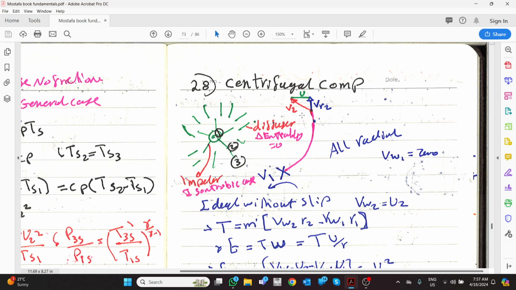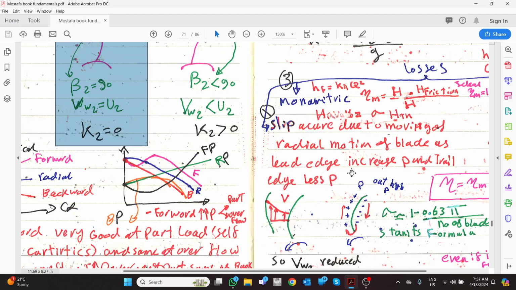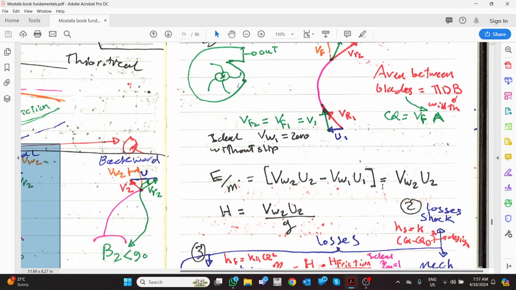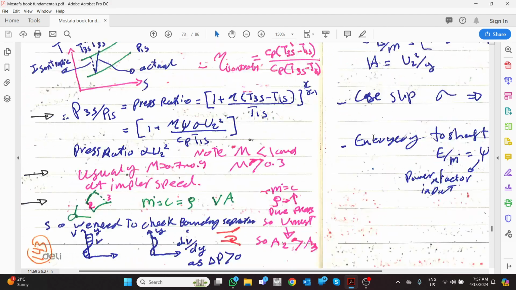From this, we know that the component of V2 in the rotation direction is exactly equal to U. So VW2 equals U2, which we can state directly from what we discussed before. As we know, the energy for the pump is VW2 U2. If VW2 and U2 are equal, it is U2 squared.